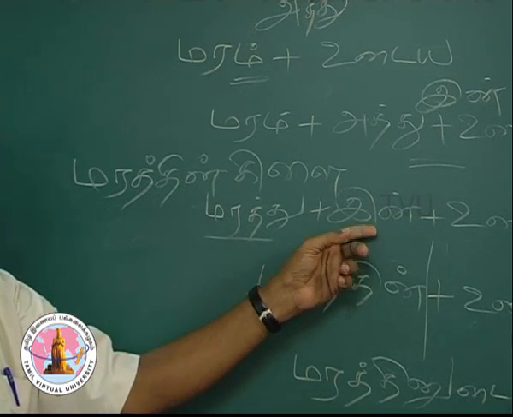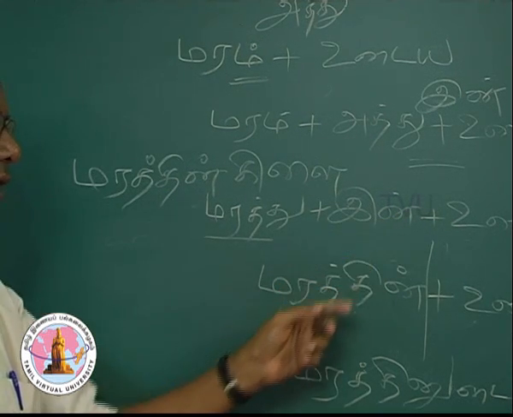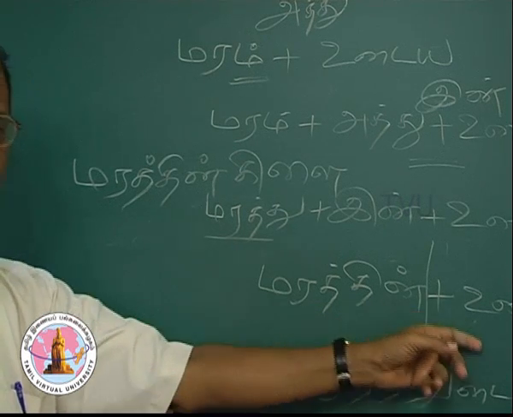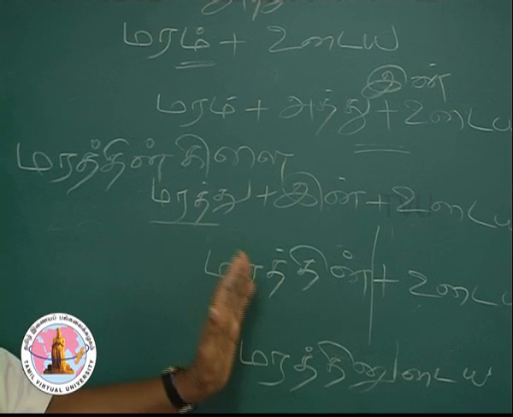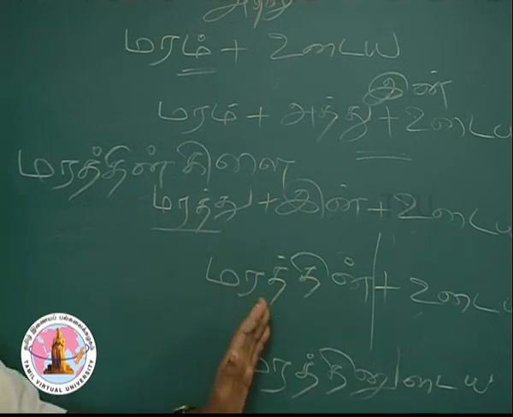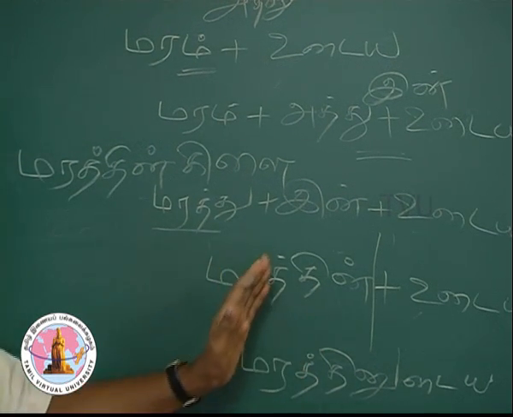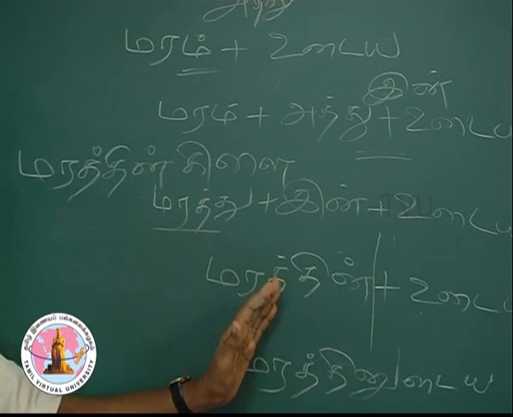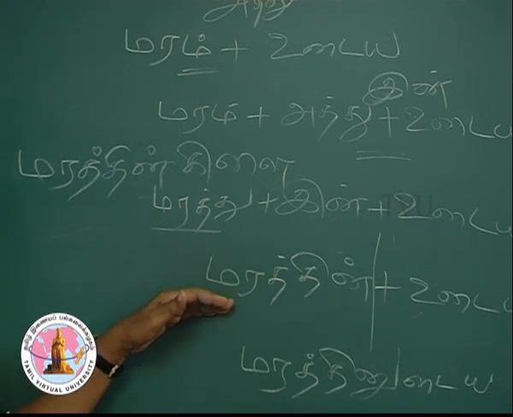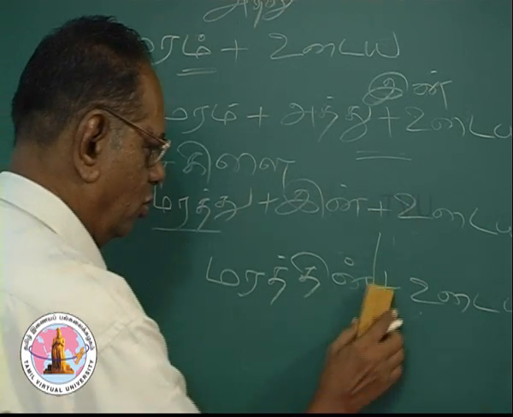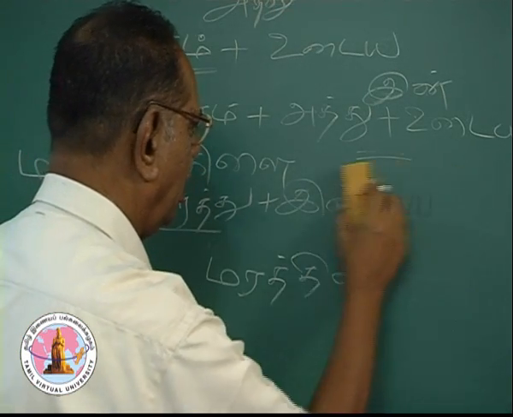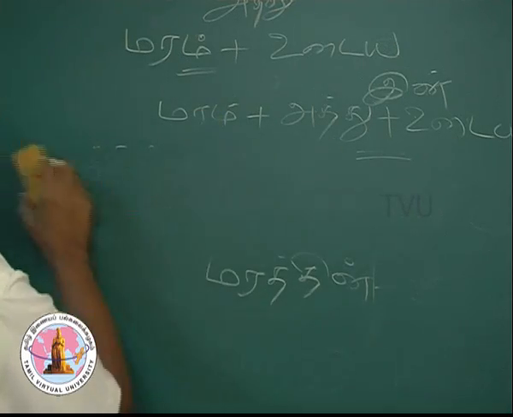It needs another suffix in, so it becomes marathin plus udaya, marathinudaya. So instead of this long word, they have accepted this form to mean the sixth case. So marathin itself will help to form the sentence.